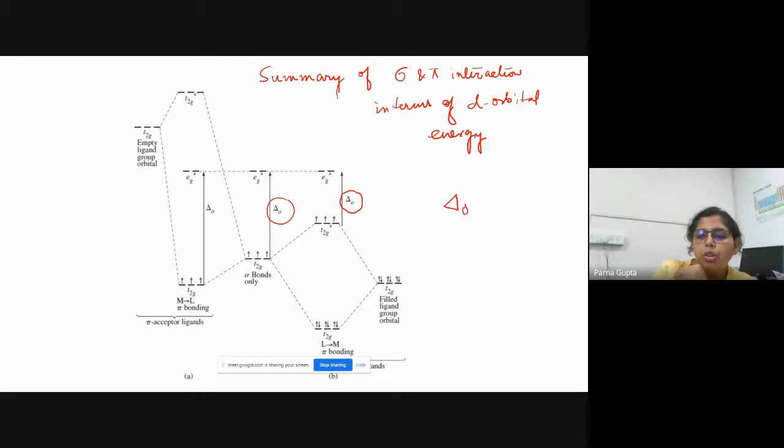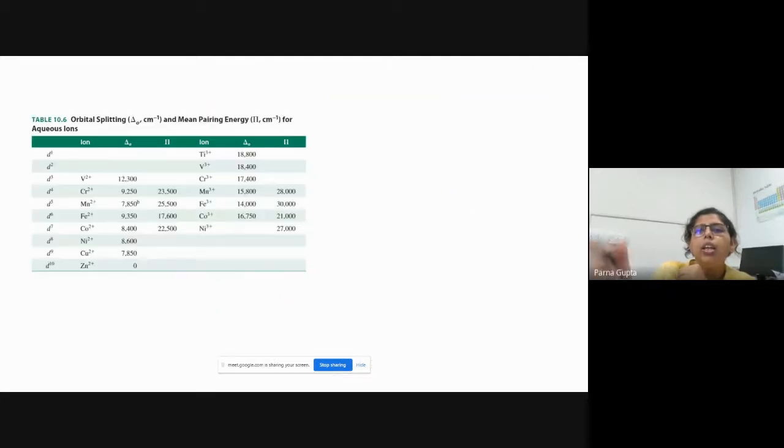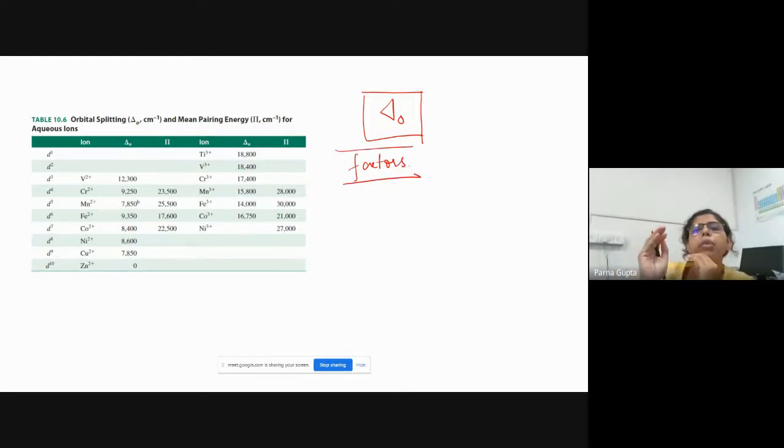So del 0, and on what factors does it depend? We have not given much emphasis on that. Let me just tell you, this is not a very difficult thing.